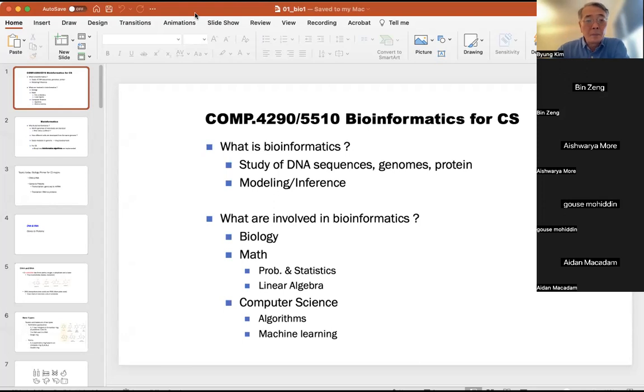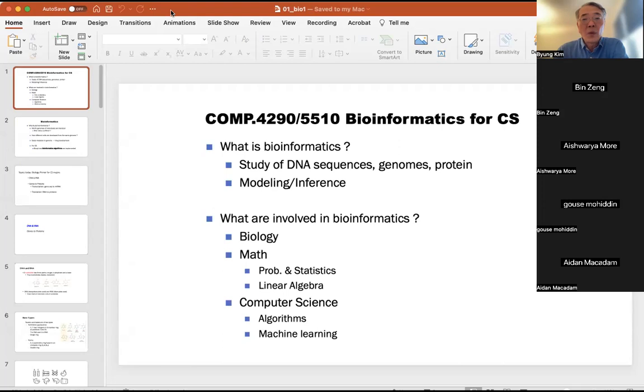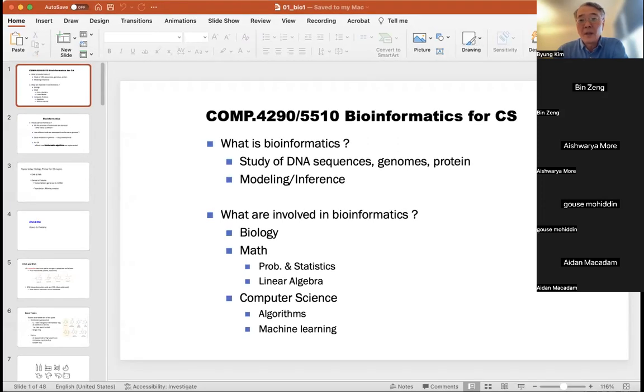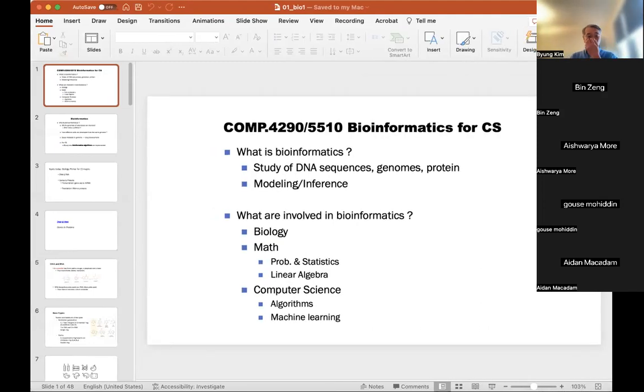So you may be wondering what is involved in bioinformatics. Actually, it is basically three fields all combined. Biology, obviously, and mathematics, particularly probability, statistics and linear algebra.